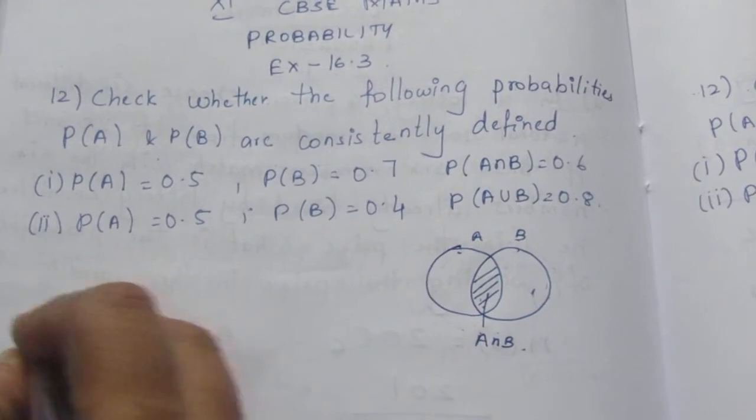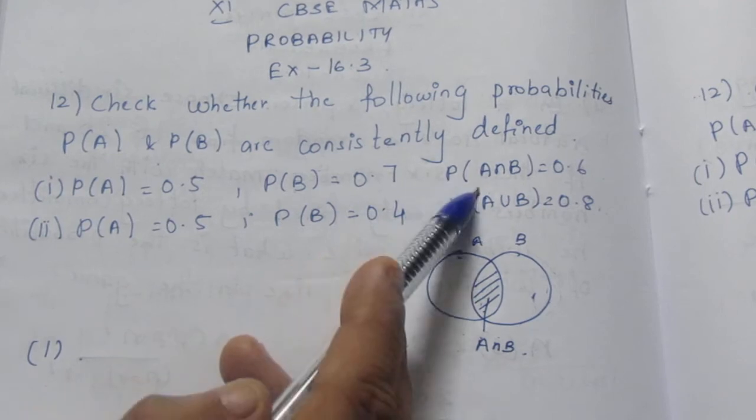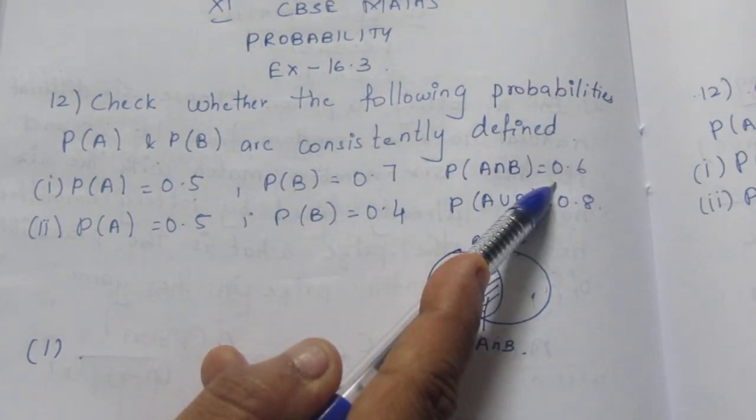In the first subdivision, if you notice, P of A is 0.5, P of B is 0.7 and P of A intersection B is 0.6.